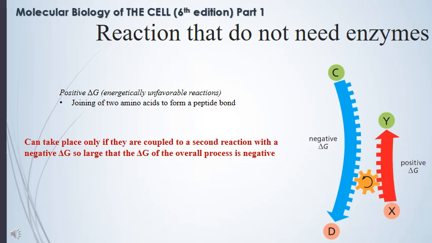So the reaction C to D will occur spontaneously, and while doing that, it will drive the X to Y reaction with itself. Okay, and we will talk about how this happens in amino acid peptide formation later in the class.